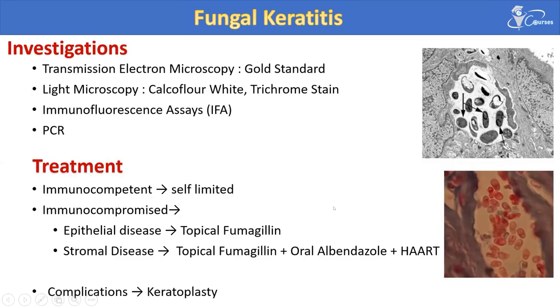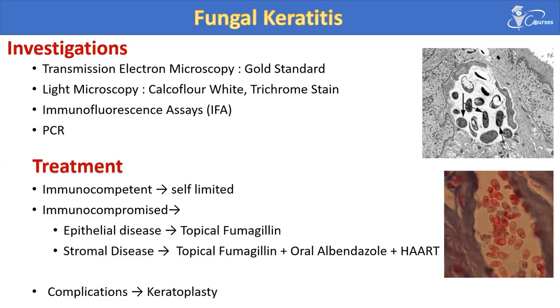Actually, the gold standard investigation for patients with microsporidial keratitis is transmission electron microscopy. This will show the microsporidial fungus. However, this investigation is expensive. It is not very widely adopted, so it is not available everywhere.